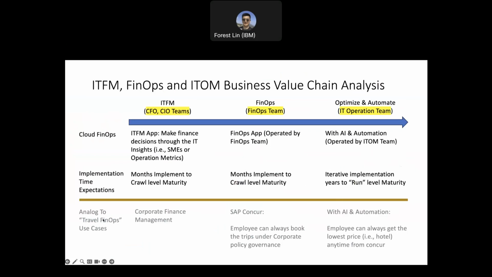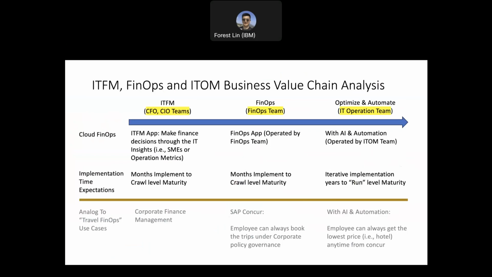One great analogy to the cloud FinOps is travel FinOps. This is my name for the SAP Concur. We all use the SAP Concur to plan our business trips and to claim the reimbursement. And this is exactly the travel FinOps.